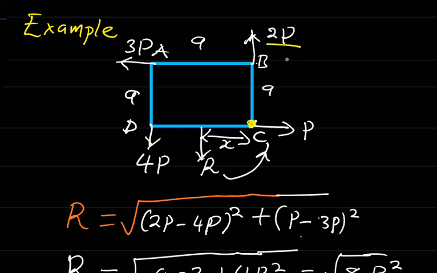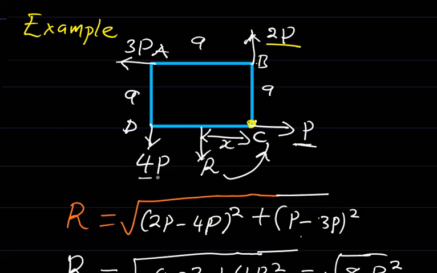The line of action of 2P is passing through point C, so the moment is 0. And of course the line of action of P is passing through the same point C, so the moment is also 0.